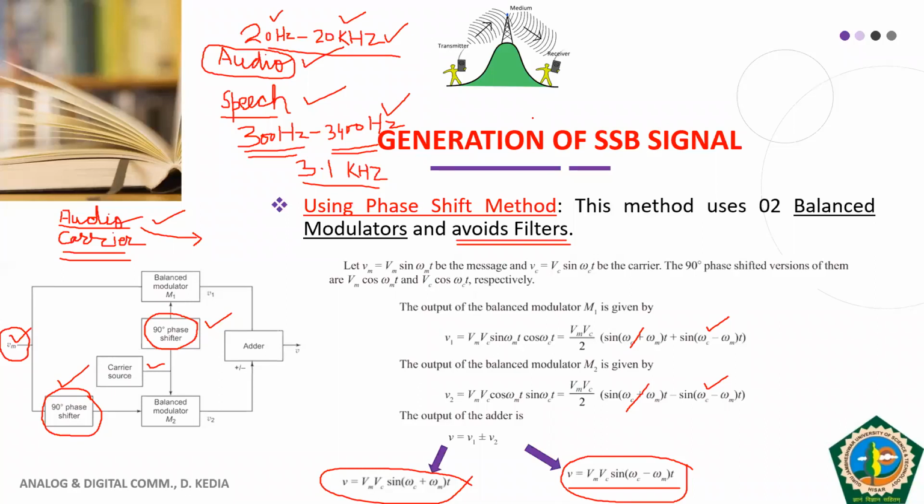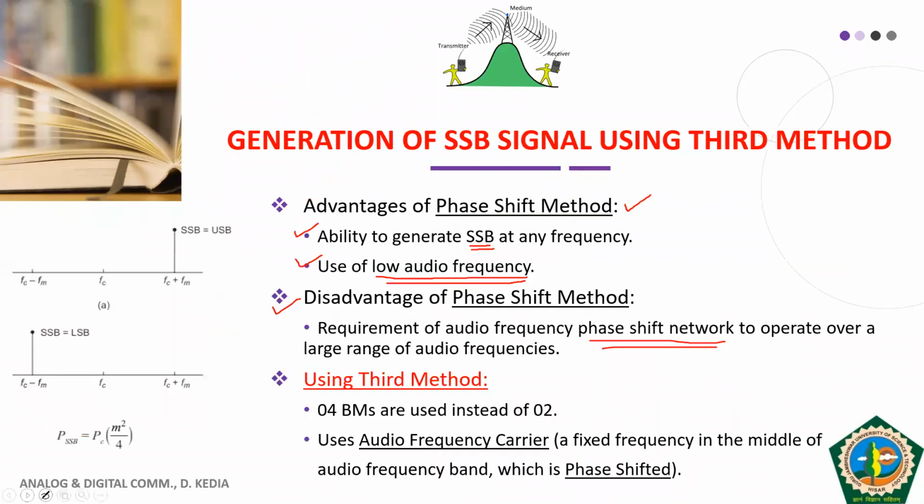It's quite difficult. Whenever we need to use phase shift network over a range of frequencies, it is a difficult task. So that is the disadvantage of phase shift method, that the phase shift network is required to operate over a large range of audio frequencies.